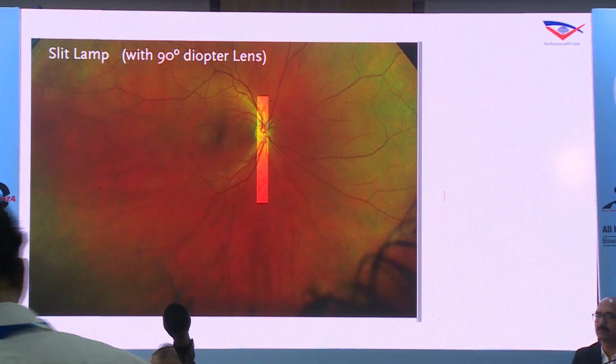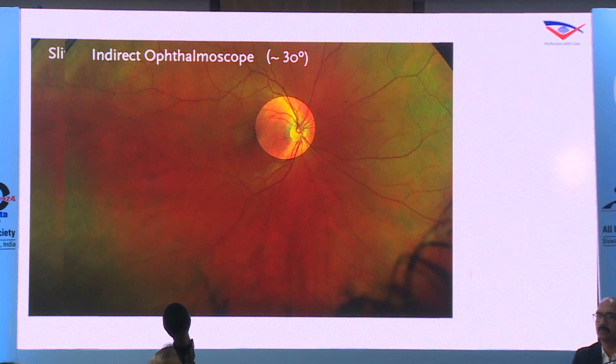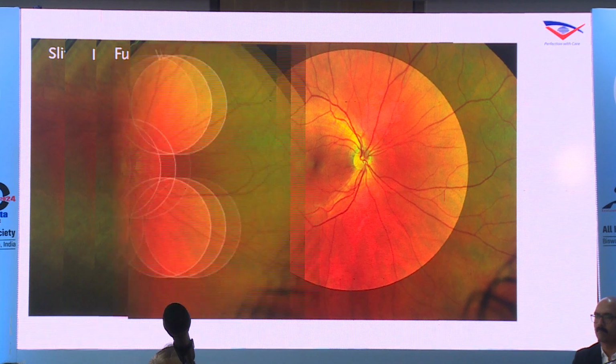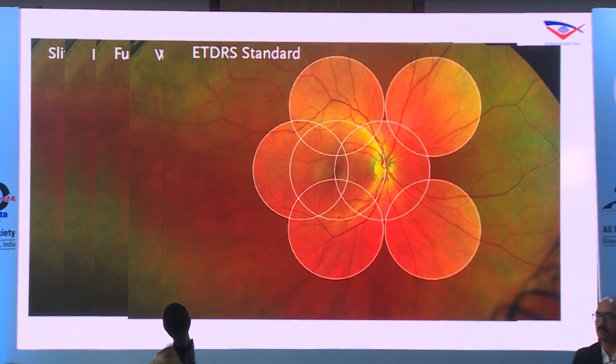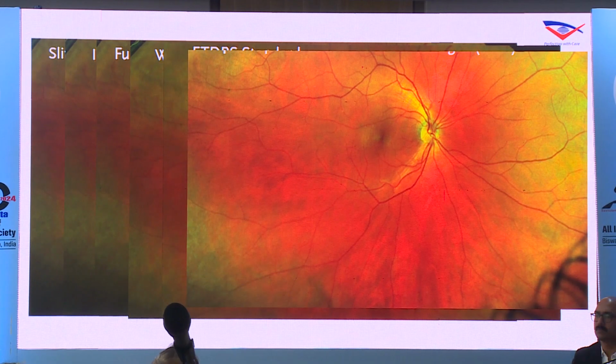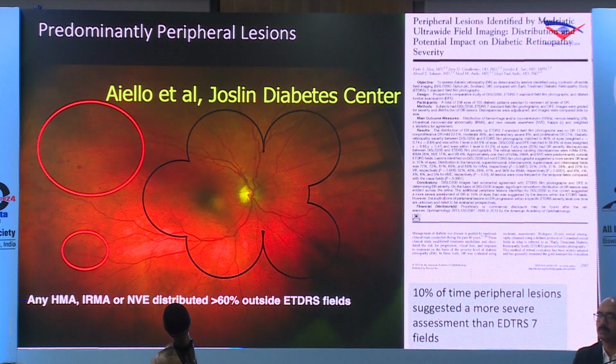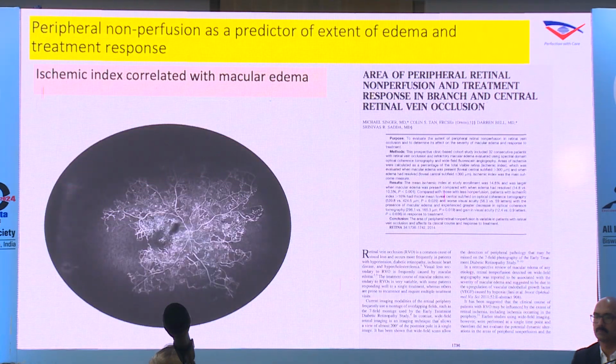This is what you see with a slit lamp, with indirect ophthalmoscopy, with a fundus camera, with wide field imaging, with the ETDRS 7 standard charts, and with wide field imaging. A study by Jocelyn AIOC et al. showed that they were missing peripheral lesions 10% of the time, which would have changed their protocol for treating a particular case of diabetic retinopathy.